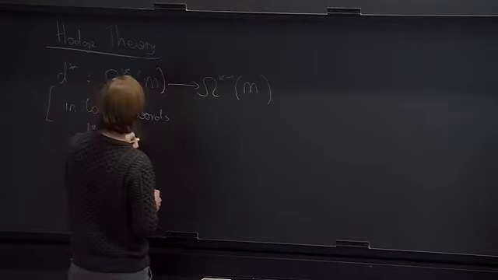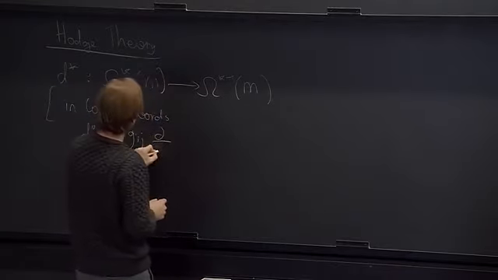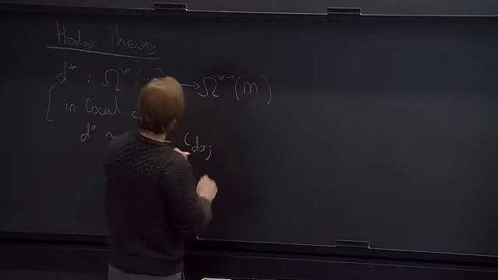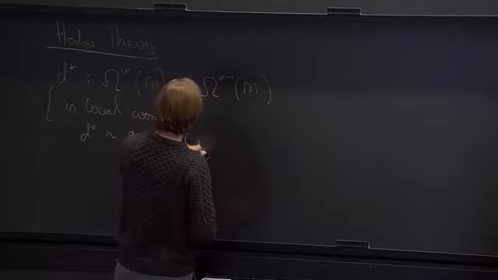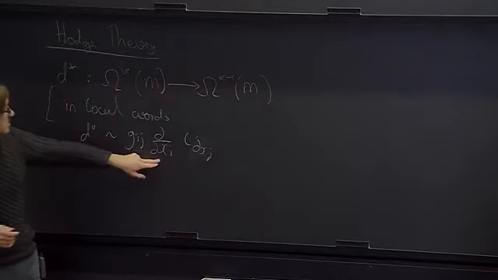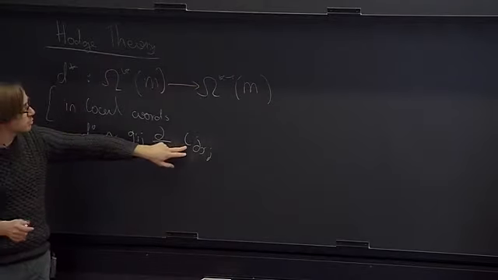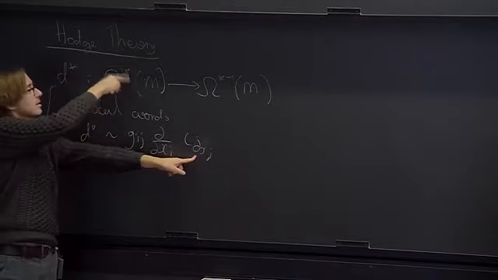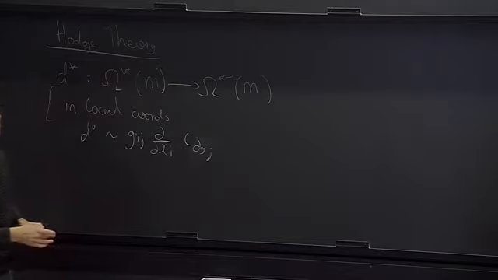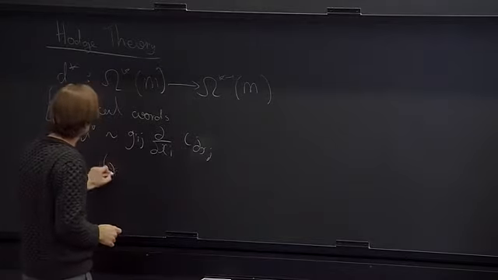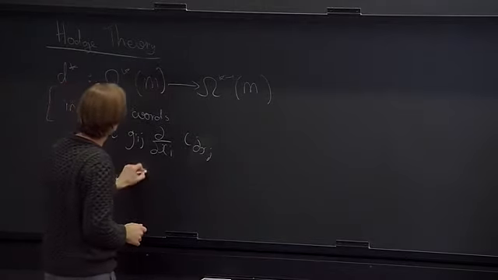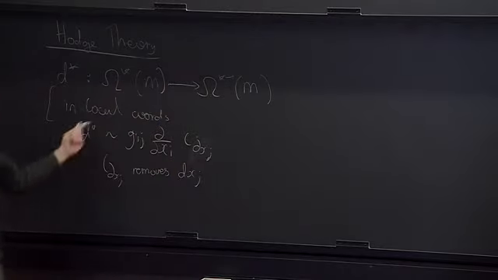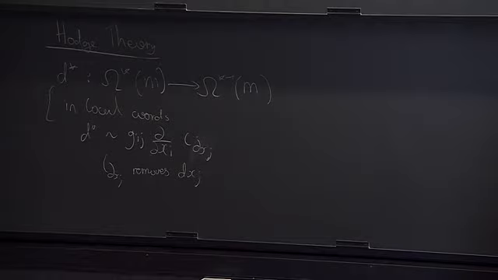It depends on the metric. So this is just the ordinary derivative, and this removes a dx_j from a k-form.